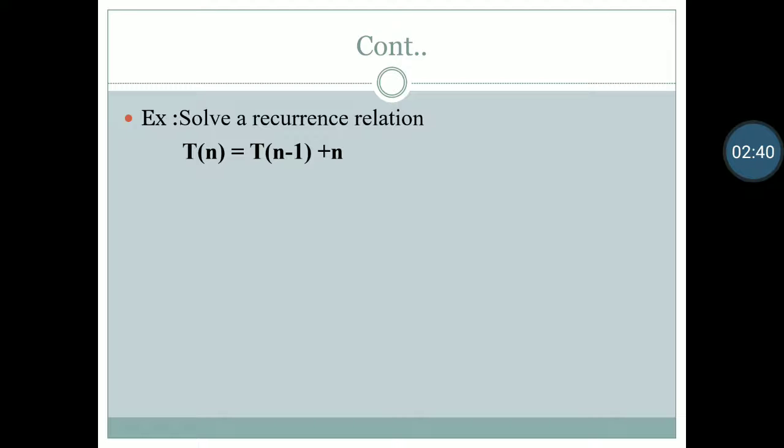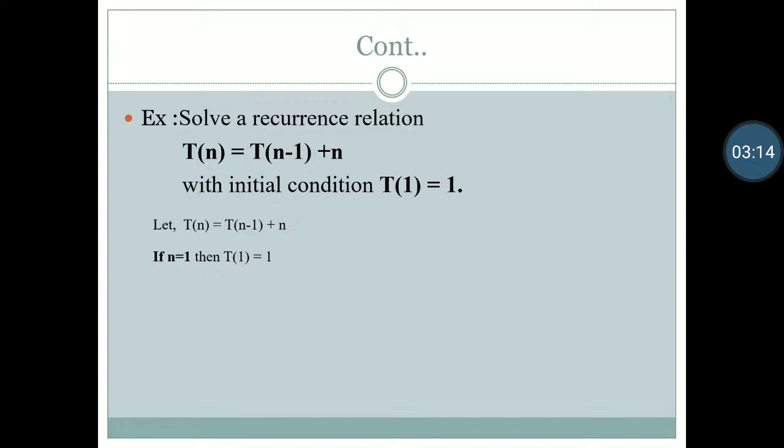Here you can see that our previous recurrence relation was T(n-1) + 1, but here we have taken T(n) = T(n-1) + n. For this recurrence relation we have taken our initial condition T(1) = 1.